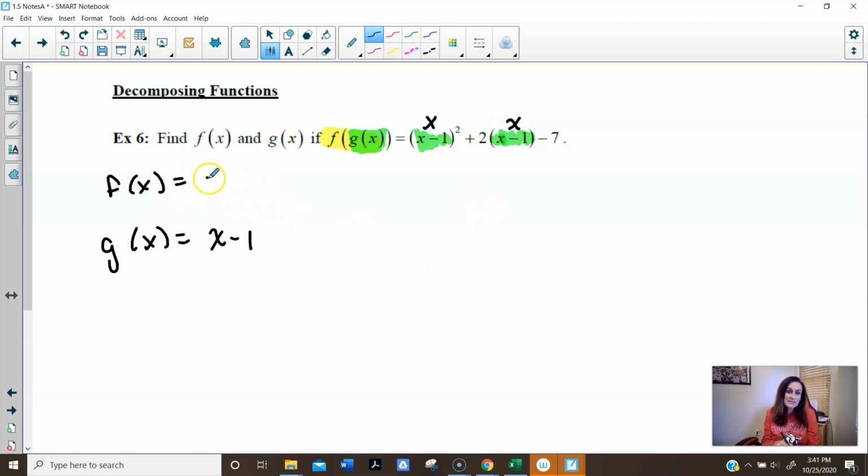So f of x is going to be x squared plus 2x subtract 7. And when I find f of g of x, I would take g of x and plug it into where I see x, and that would give me my composition function. So basically, I'm taking a composition and breaking it up into pieces.